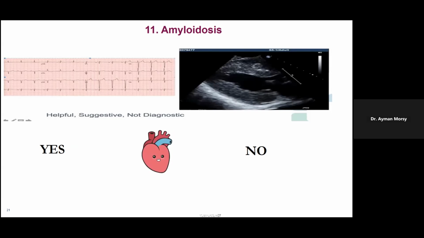This picture is suggestive but always not diagnostic of cardiac amyloid. And this is my point. Our colleagues always think any patient who has LVH plus low voltage is 100% amyloid. The answer is no. It's helpful, it is very suggestive, but not diagnostic.